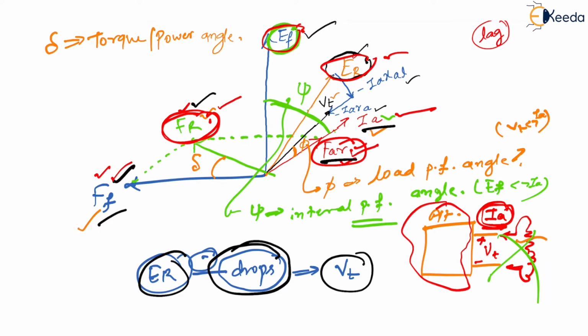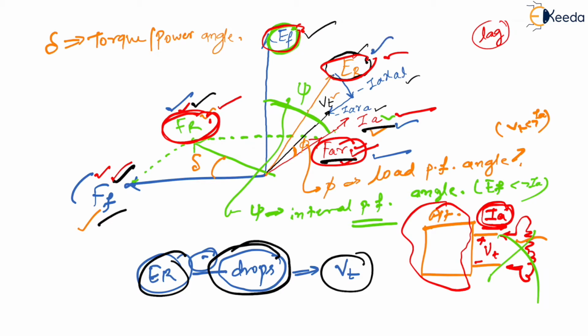You will need this IA, then you will have this FAR, then FAR plus FF addition gives you FR, and because of this FR you will have ER.